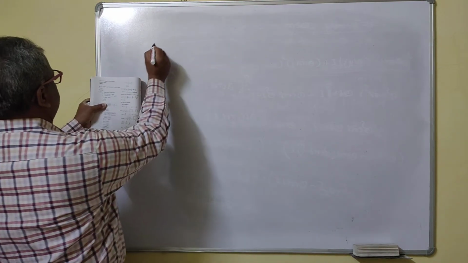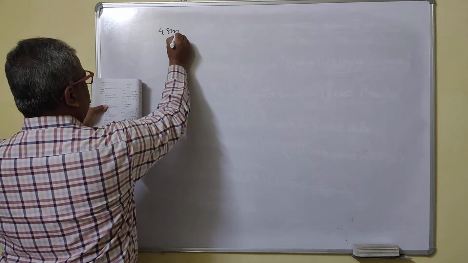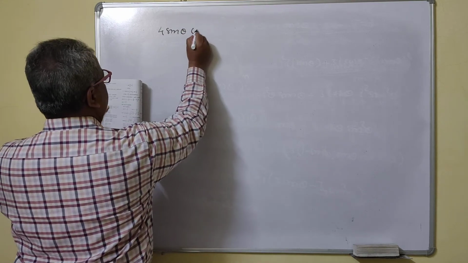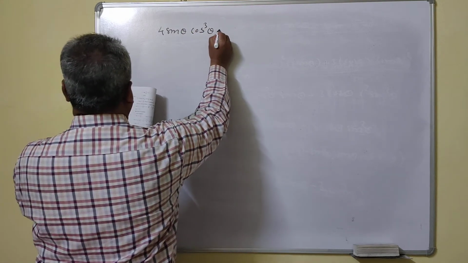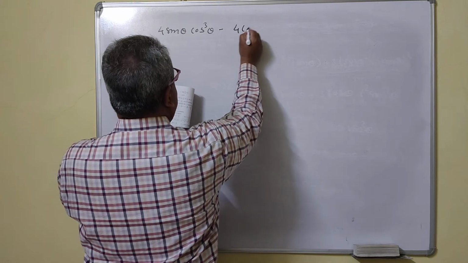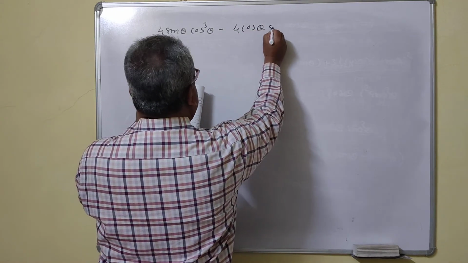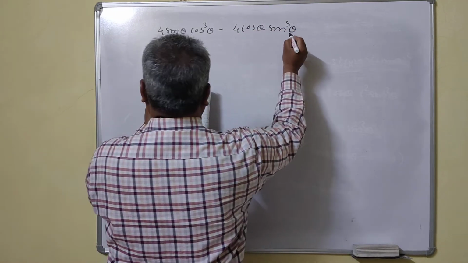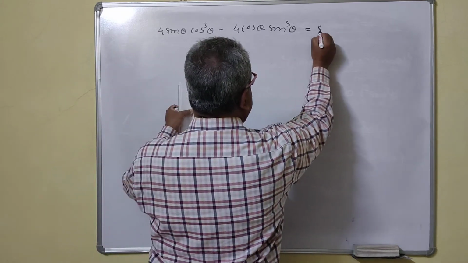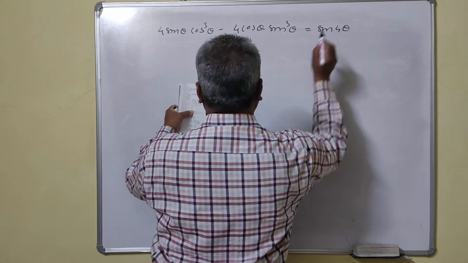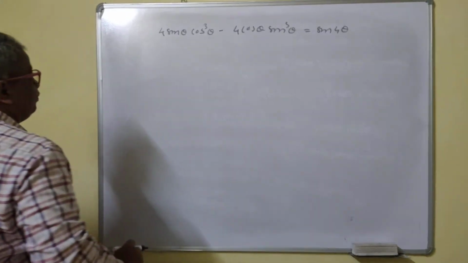Show that 4 sin theta cos cube theta minus 4 cos theta sin cube theta is equal to sin 4 theta.